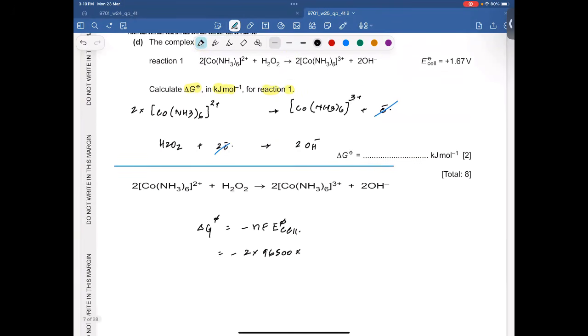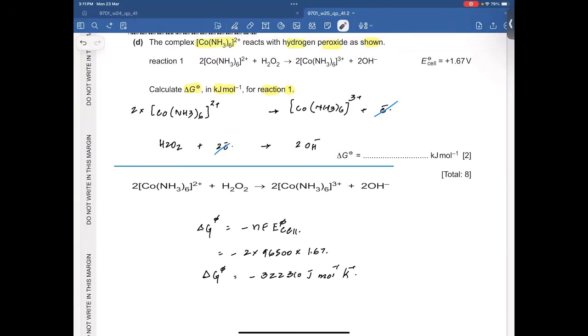E naught cell value is given, which is 1.67. So delta G naught is basically minus 322,310 joules per mole.